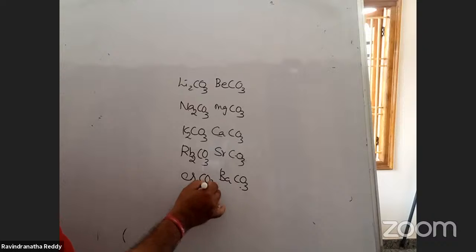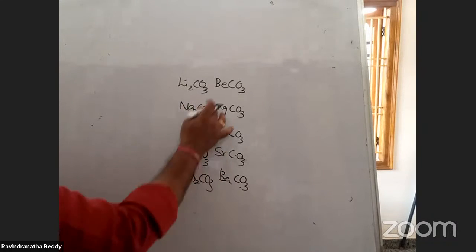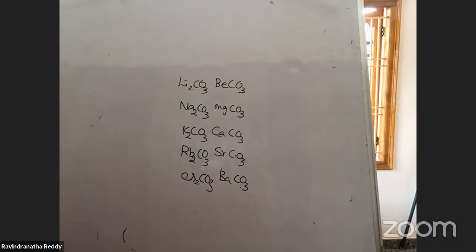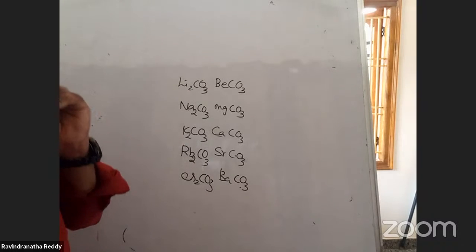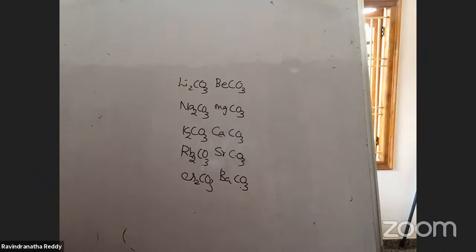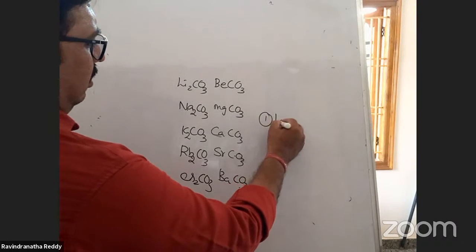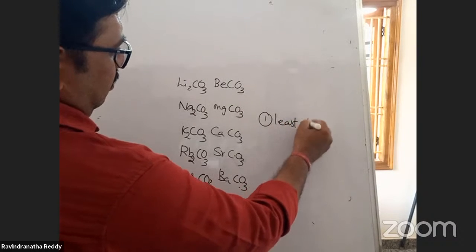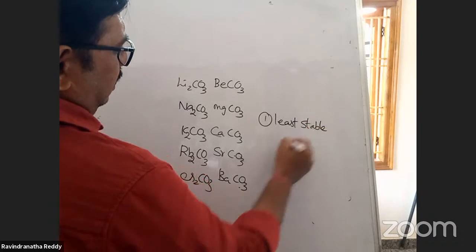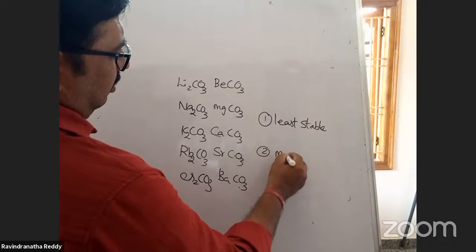So there are 10 compounds. Which is thermally least stable, and which is thermally most stable? First question, least stable. Second question, most stable. Tell the answer.